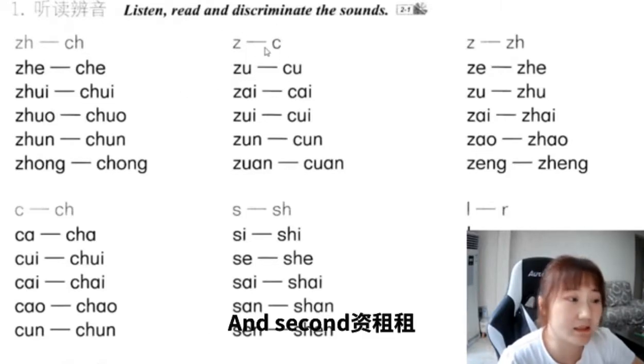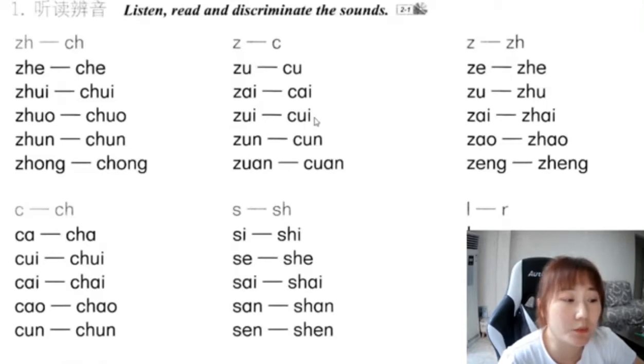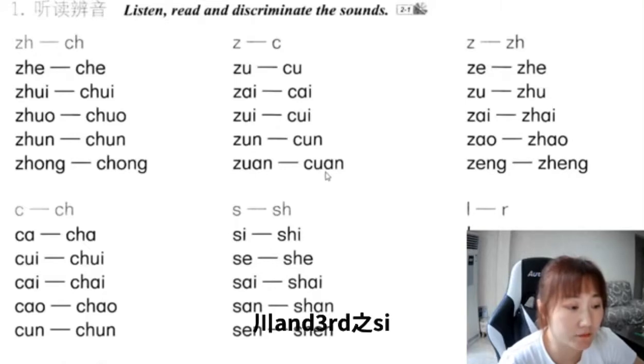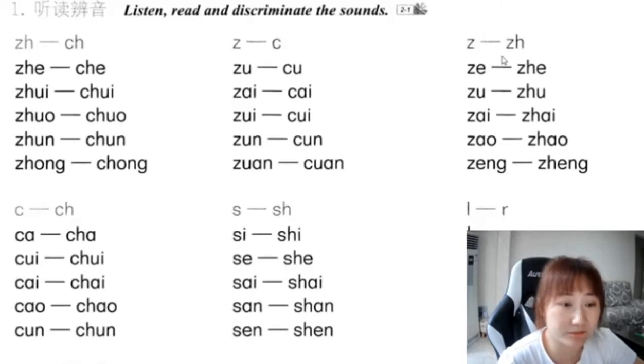And the second, z, c. zu, cu, zai, cai, zui, cui. Repeat. Zui, cui, zun, cun, zuan, cuan. And third, z, zh. See, totally different.